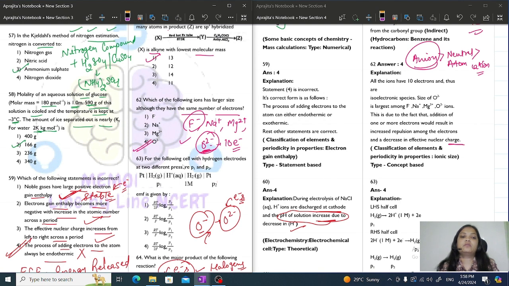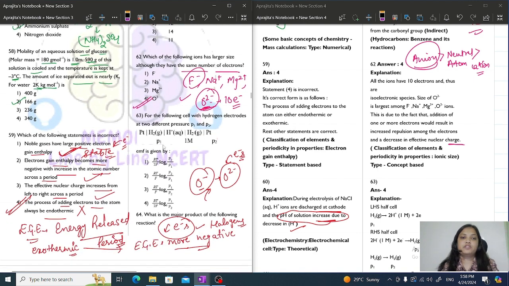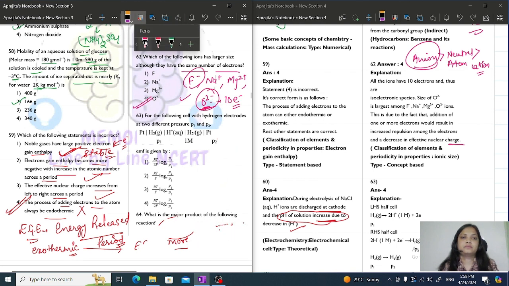Okay, now question number 63. For the following cell with hydrogen electrodes, the pressure is given. These reactions are happening in this case. So we can write, you know that at the anode, H2 will lose electrons.